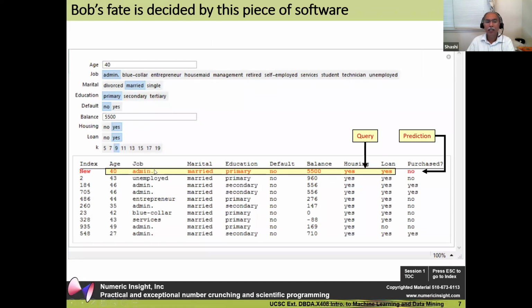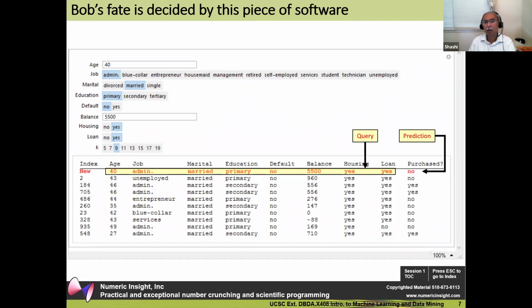So in other words, this is a query that has been built up and the software is making a prediction. No, as in Bob is not going to buy this financial product which is being offered.